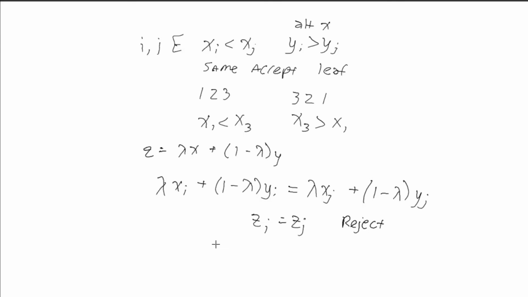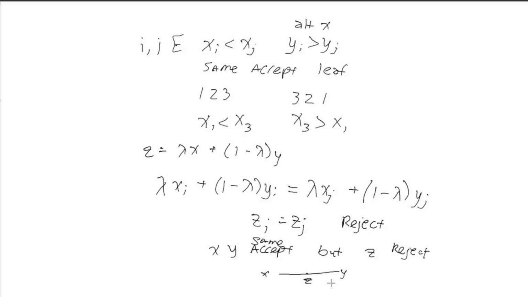So how is it possible then in this hypothetical that x and y end up in the same accept leaf, but z, which rests somewhere on the line between x and y, is in a reject and has some repeating number?